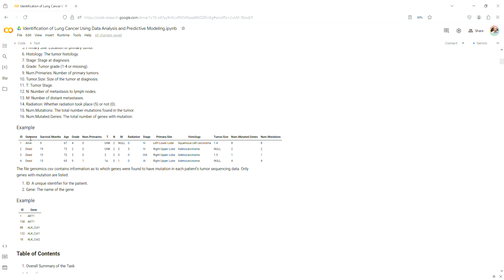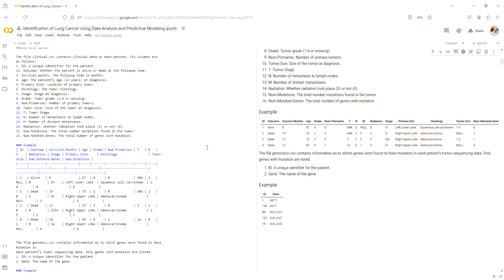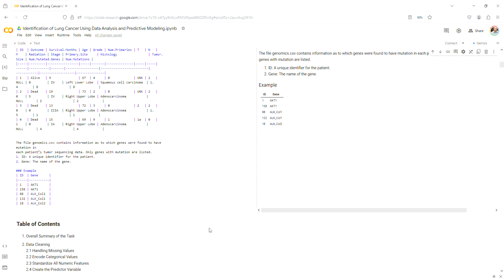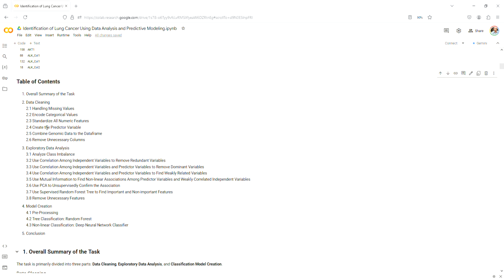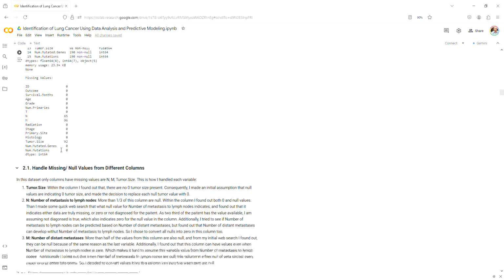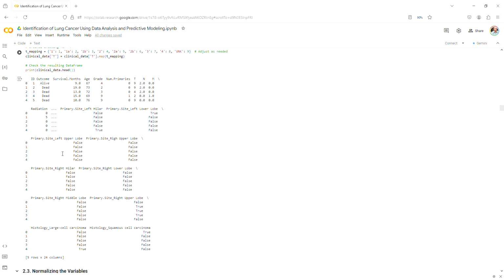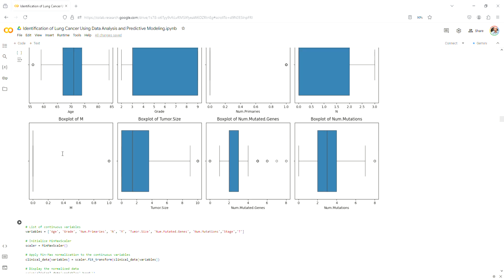So I used these two variables, outcome and survival months, and combined them to see which patient survived till 12 months. For example, this patient died at 19 months, so at least he survived 12 months. The same for this patient. Using that reasoning, I created the predictor variable here.